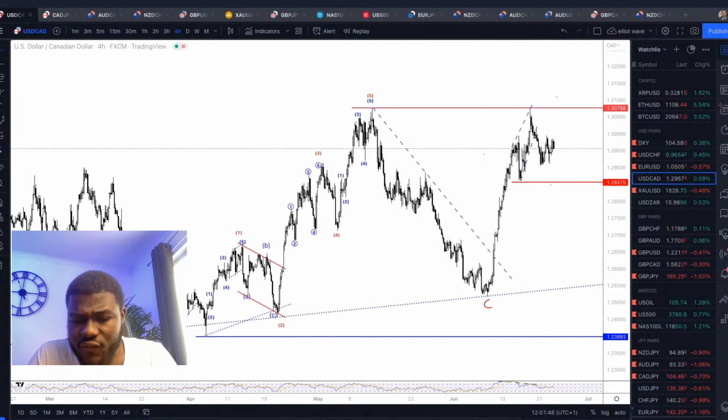I can see a question from Helpful Gear: what about the risk reward ratio? That depends. Elliott wave will give you opportunities from 2.0 and above. You are the one to choose. Okay, let me pick this trade because it's giving me a 3.0 risk reward ratio.